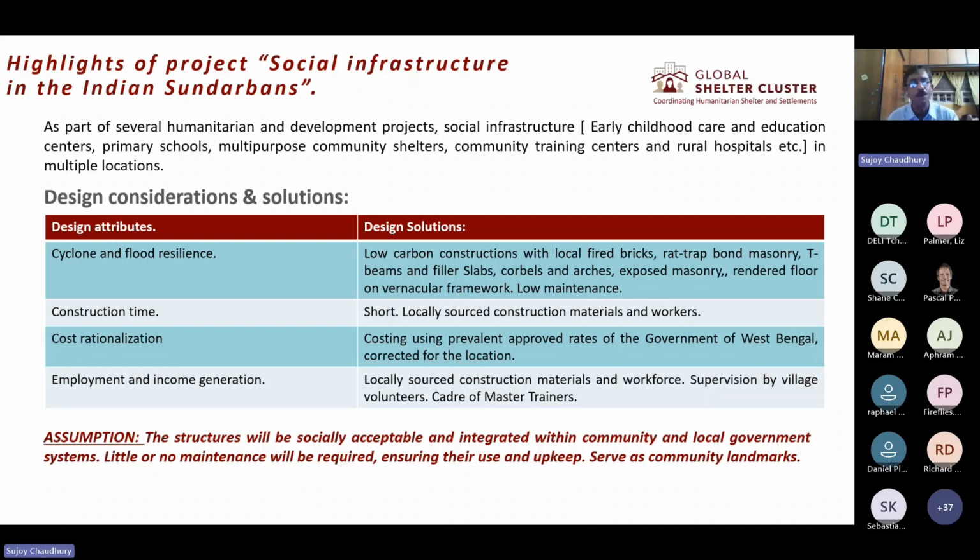So it had to be almost community neutral. So there was a very conscious decision. And a very important point was that because these are social infrastructures, they would have to have very little maintenance, or almost zero maintenance.